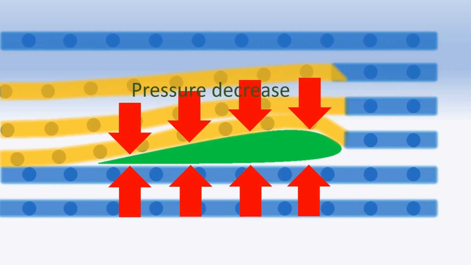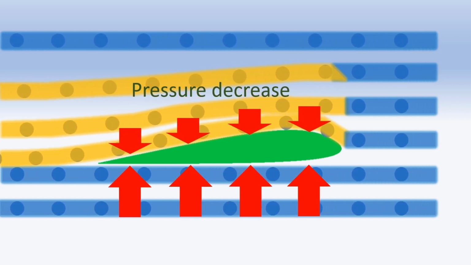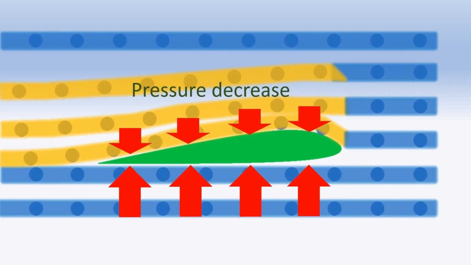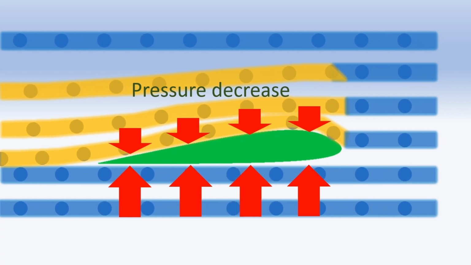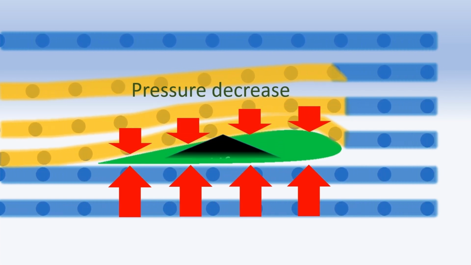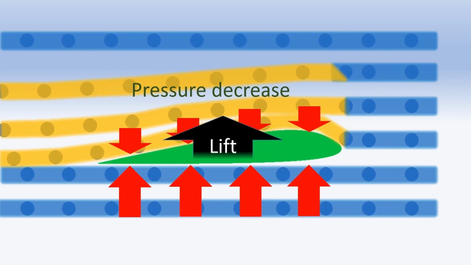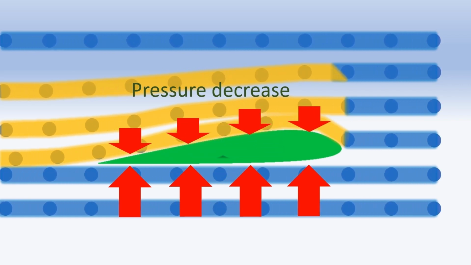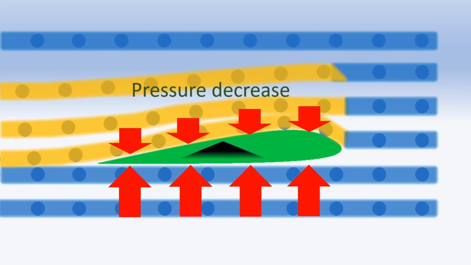Thus, the pressure in the yellow region will decrease, while the pressure at the bottom remains unchanged. As a result, there is a pressure difference between the top and bottom of the wing. The higher pressure at the bottom will push the wing upwards and generate lift. So, this is how an aircraft's wing generates lift.